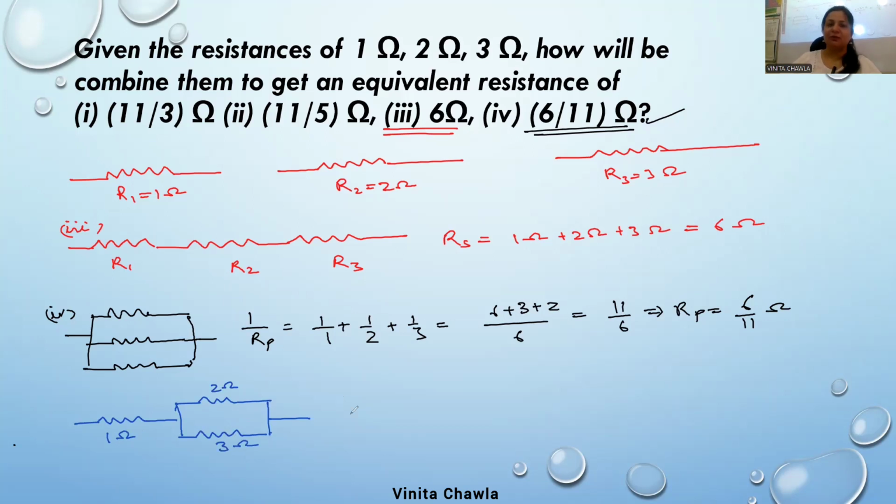Here we get the effective resistance as 1 plus, because when two resistors are in parallel, we write 2 into 3 upon 2 plus 3. So 1 plus 6 by 5, which is 11 by 5. Okay, as Bhavesh said, we followed. Our second part is done.